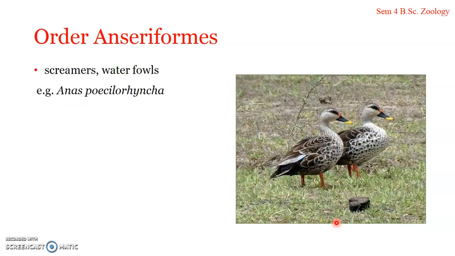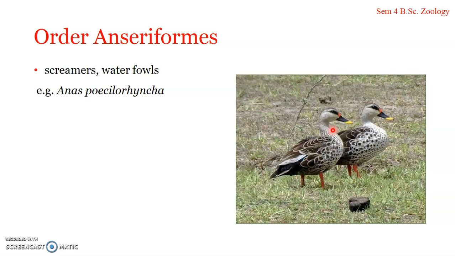Right. Then we have the order Anseriformes. Anseriformes, you can see it includes the screamers and waterfowls, and these are suited or adapted for aquatic life. And anser, the word means goose, and they all have beak or bill which is very broad, typical of waterfowls, covered with soft cornified epidermis.